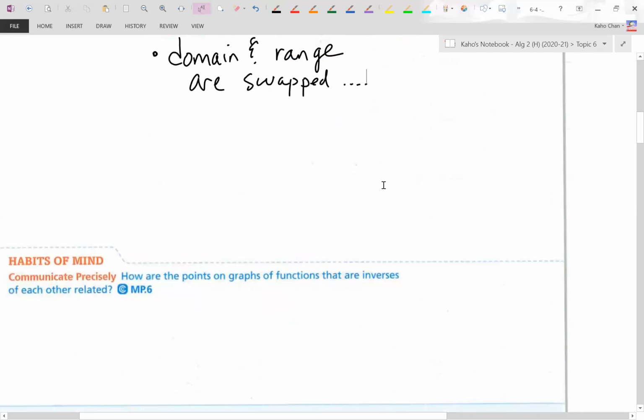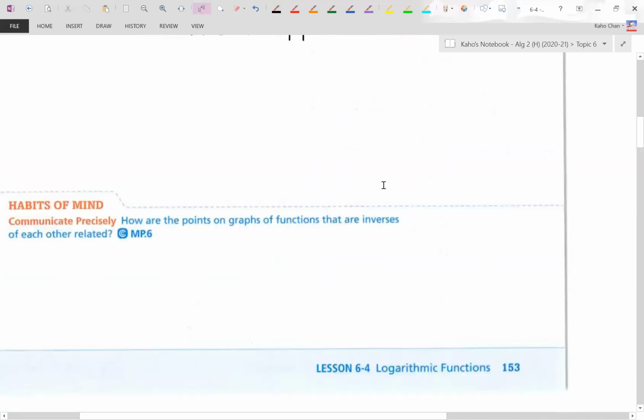Next question. How are the points on graphs of functions that are inverses of each other related? So literally, along the diagonal y equals x, let's just randomly pick a point, let's say 1, 5, which would be a random point for, say, one of the functions, x, y.